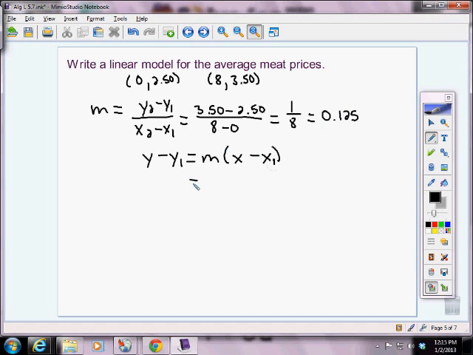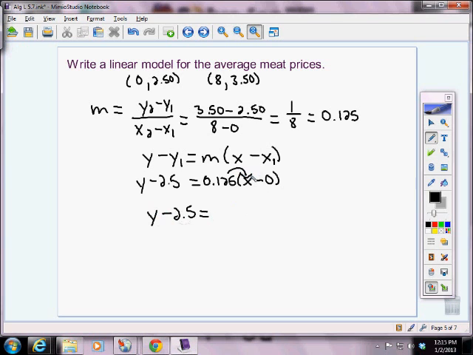We know our slope is 0.125 or 1/8, and then we can just pick a point. I usually pick the one with a 0 in it, so I'm going to go x minus 0. And over here I'm going to go y minus 2.5. I use this point right here, but you could use either. Now we could leave it like that, but really let's solve for y, and I'll talk about y in a second.